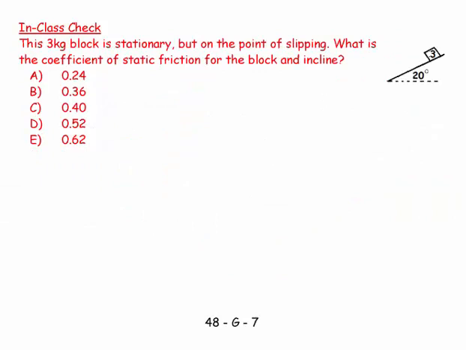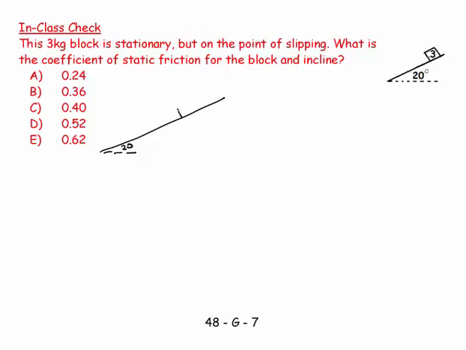Let's look at this next problem. A 3 kilogram block is stationary but on the point of slipping. What is the coefficient of static friction of the inclined block? So, 20 degrees.